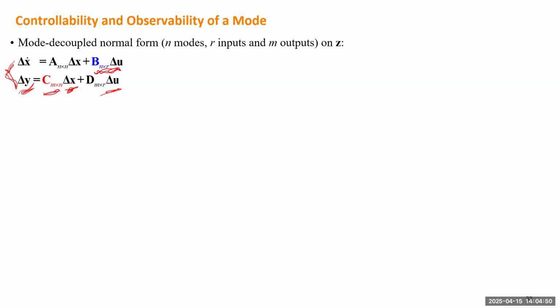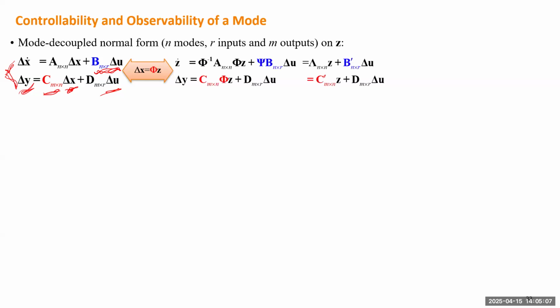But this is not convenient for studying how to improve small signal stability. We'll borrow a similar idea from the zero input response to find the eigenvector. If we are able to transform the original state vector to a new, fully decoupled state vector, we just replace delta S by phi Z here, okay? And so we'll generate the second set of equations.